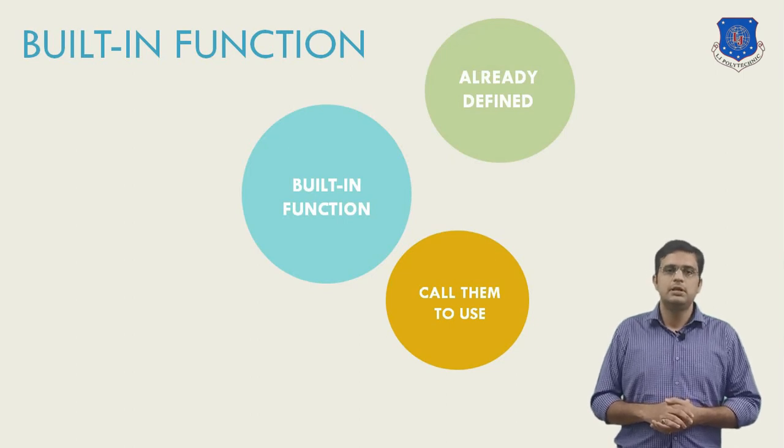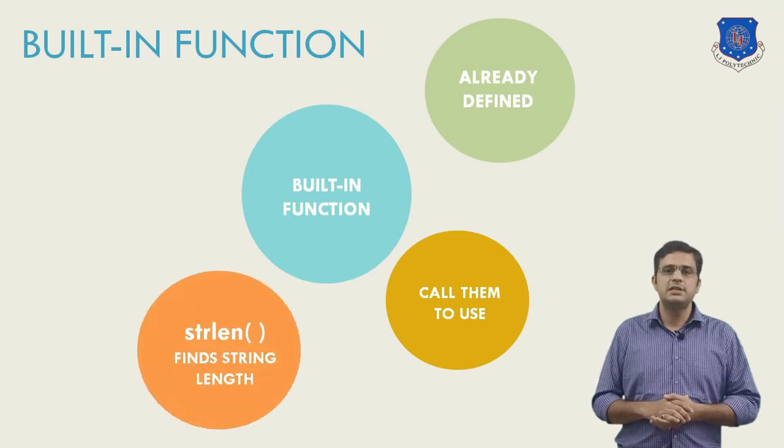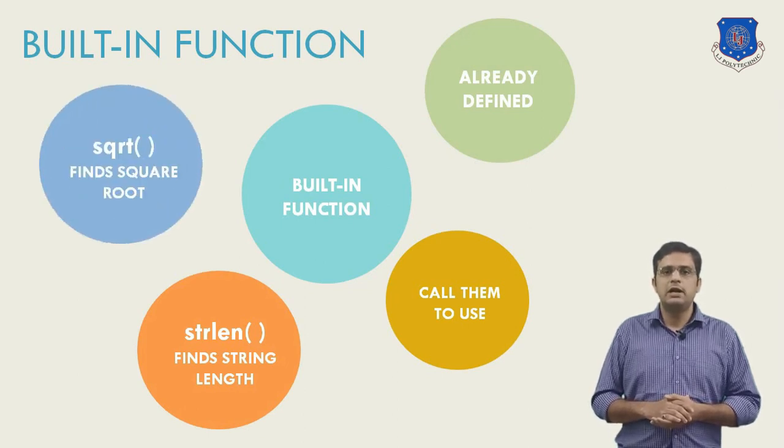For example, there is a function in PHP called strlen, which returns the length of the string passed to it as an argument. Another function is sqrt, which returns the square root of a number passed as an argument. There are hundreds of such built-in functions in PHP available to use.